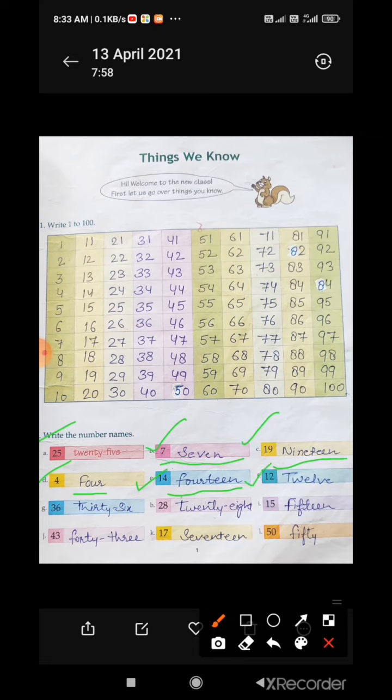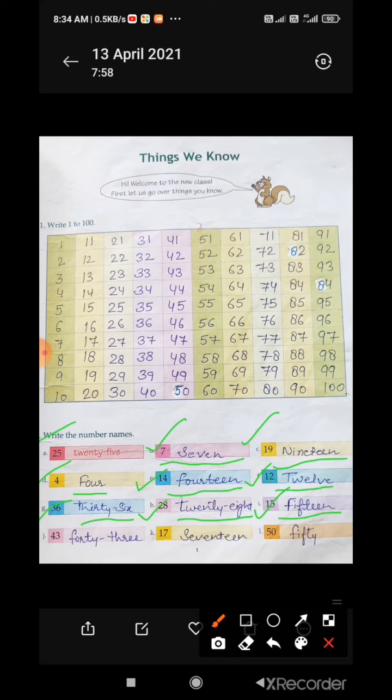F part 12. TWELVE 12. G part 36. Write here THIRTY SIX, 36, in the space given. Now H part 28. TWENTY EIGHT, 28. Now I part 15.